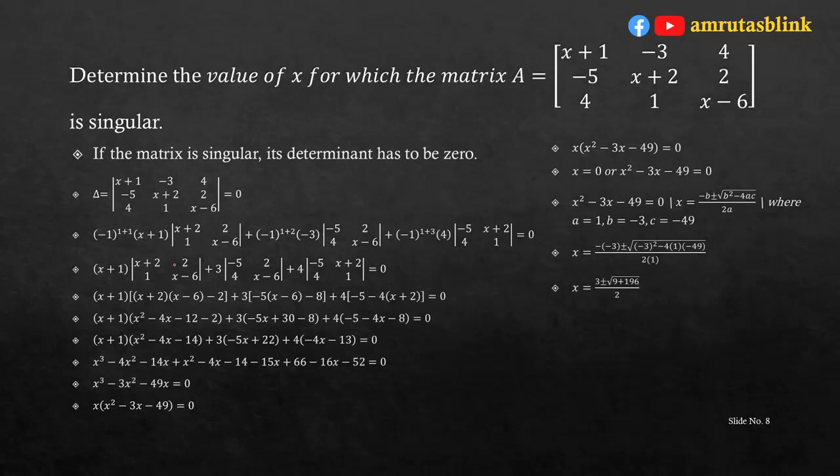So we get x as 3 plus or minus under root 9 plus 196 upon 2, that is x is equal to 3 plus or minus under root 205 upon 2. So we can say that there are 3 possible values of x, that is 0, 3 plus root 205 upon 2 or 3 minus root 205 upon 2.